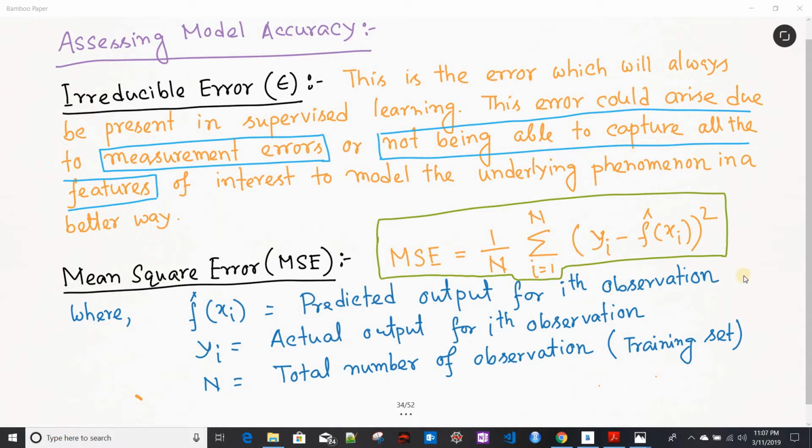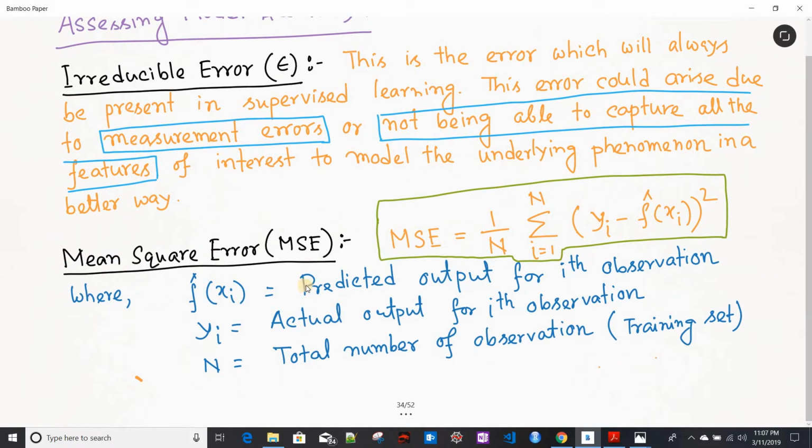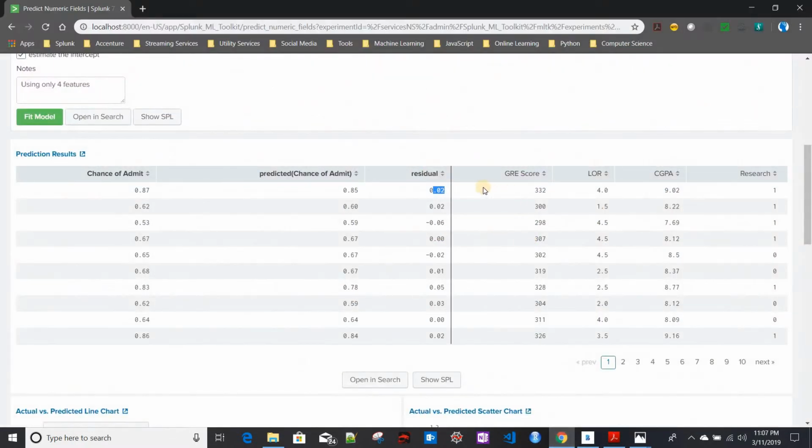Now the second error that comes into the picture, and which is very important, is the mean square error. Okay, this is how it is defined. What we are basically doing is, from each and every observation point, where observation means our data, if I show you our graduate admission data set, this was our actual chances of admit, and this one was our predicted chances of admit.